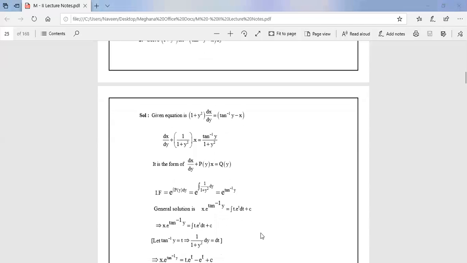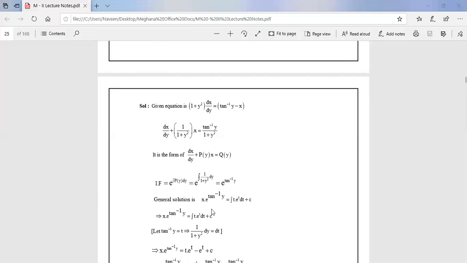So x into e power tan inverse y is equal to integral of q of y, which is tan inverse y by (1 plus y square), into the integrating factor e power tan inverse y, into dy, plus c.